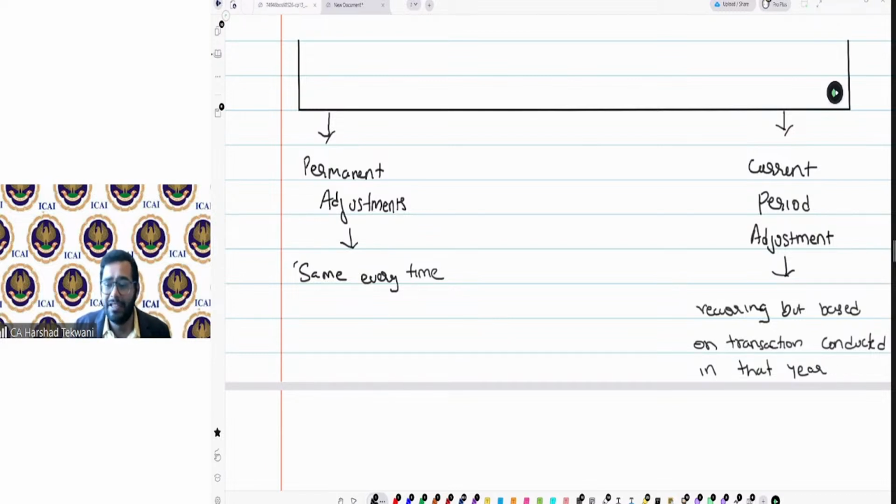These are current period adjustments because they change based on the events that have occurred in that particular year. They do not remain the same. But pre-acquisition goodwill or reserve allocation will be the same throughout the consolidation. Clear?